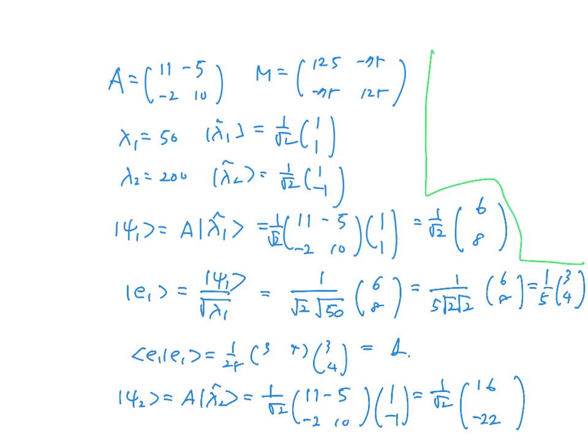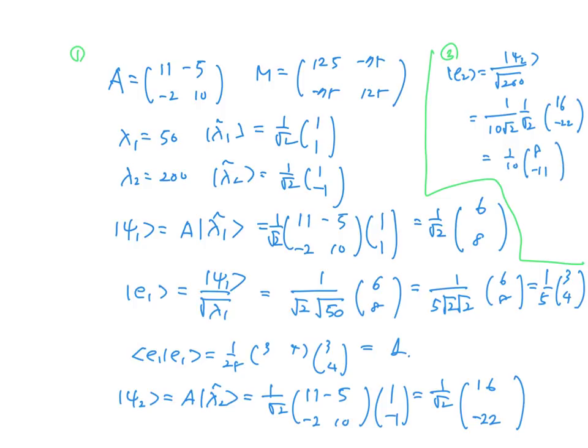So that is 1. One, 2. E2 square root of 200 over phi 2 is 10 times square root of 2, right? Times square root of 2. 16 minus 22 is actually 1 over 10. 8 minus 11.